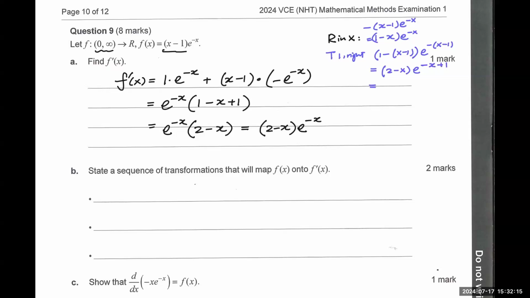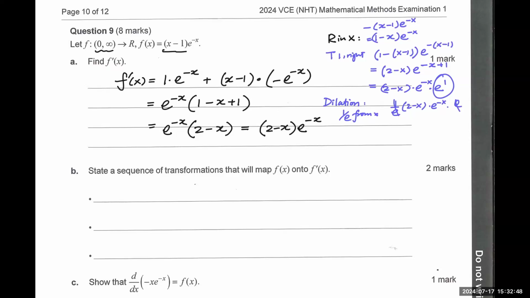So I probably will want to do one extra step. 2 minus x times e to the power minus x times e to the power 1. The key is to get this e to the power 1 split out from the exponential term. Then you can apply the dilation here, 1 over e from x. So that will make 1 over e times 2 minus x times e to the power minus x times e. Yep, canceled out. Good. Okay.